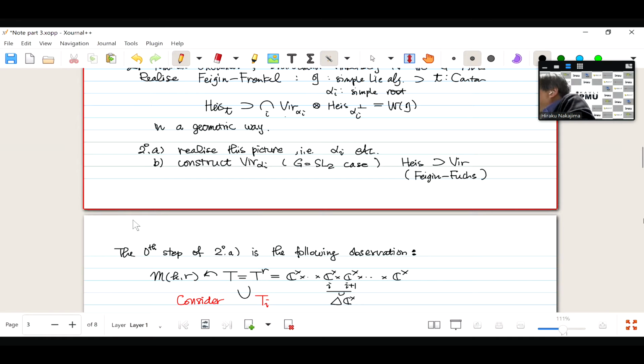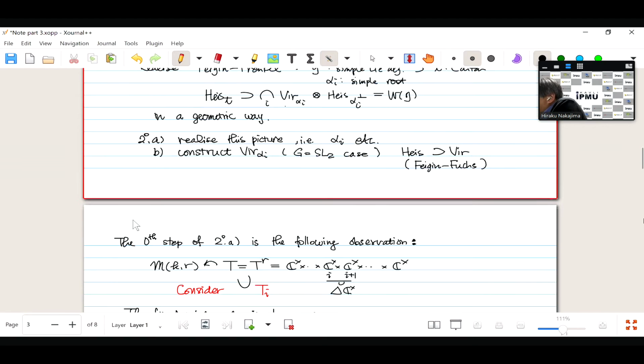Okay, so very roughly, in a geometric approach, this kind of picture is somehow manifest. So this is the 0th step of this geometric realization.